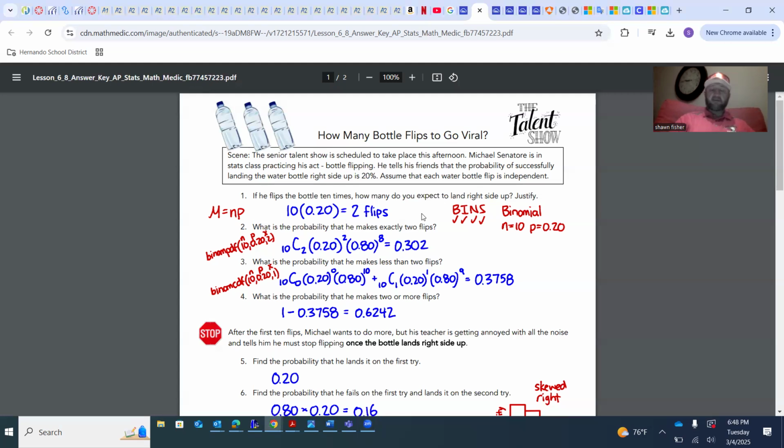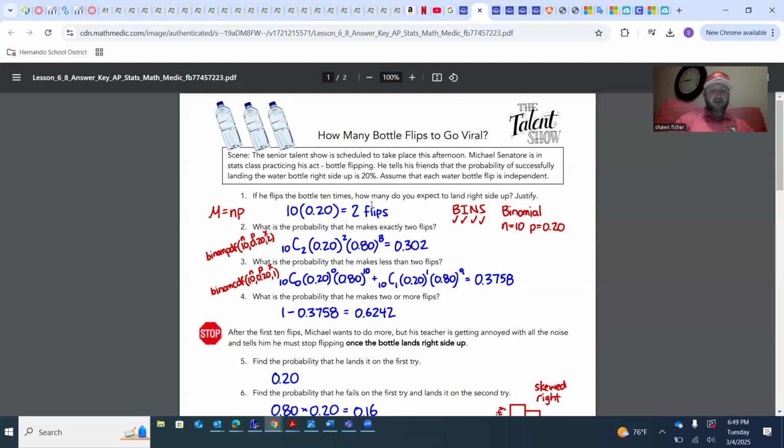Well, we learned in a binomial setting, because this is binary, right? I can land it right side up or not. It's independent because they told me so. There is a fixed number of trials, and the probability of each trial remains the same. So this acronym actually gives us a binomial setting.